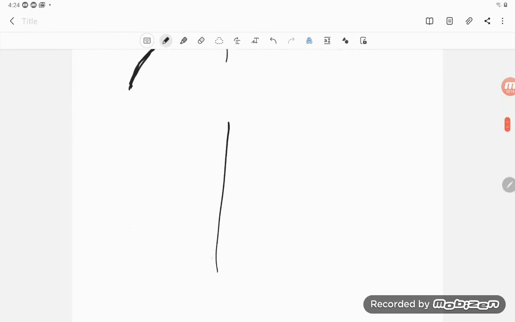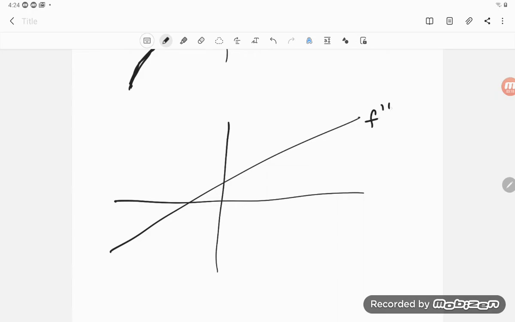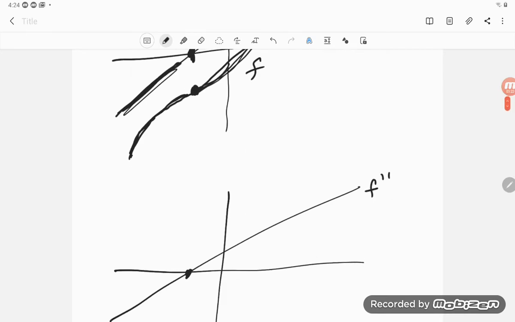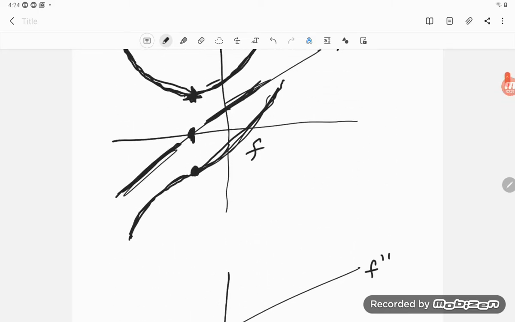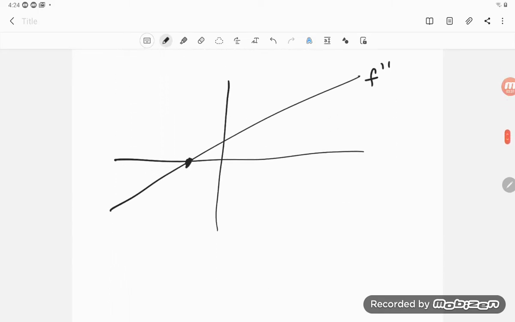Okay, so there's that same f double prime. There's that same critical number. And so this time, though, I'm going to draw the f prime, instead of up above the x-axis, I'm going to draw it like that. So there's f prime.